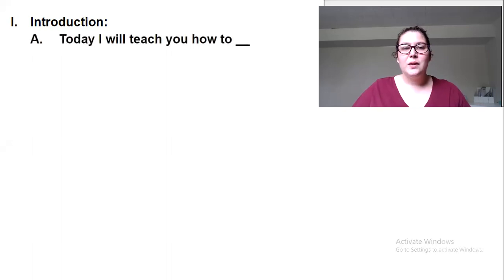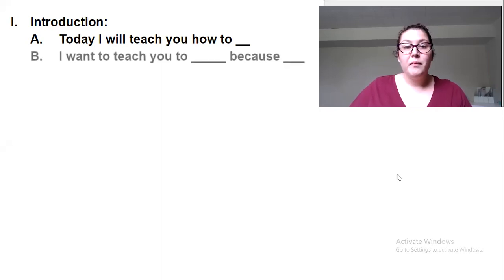So when you're doing an introduction, to explain what you're going to teach, you can just say, today I will teach you how to. And then when you're explaining why you want to teach them, you would say, I want to teach you to do this because, and give a reason.